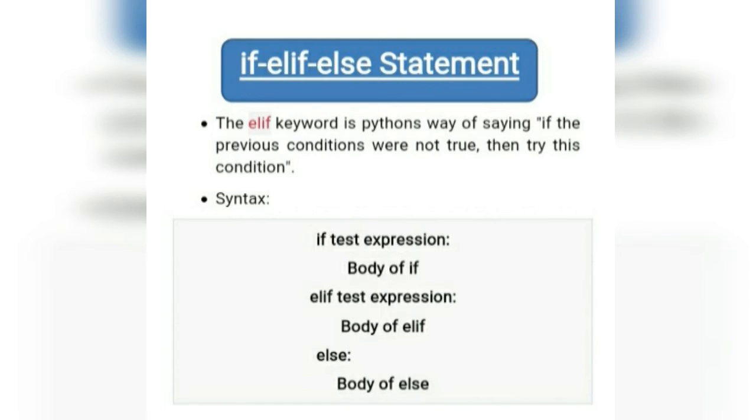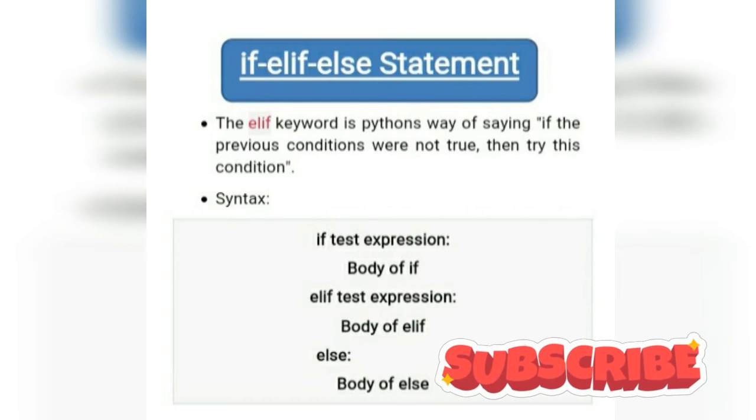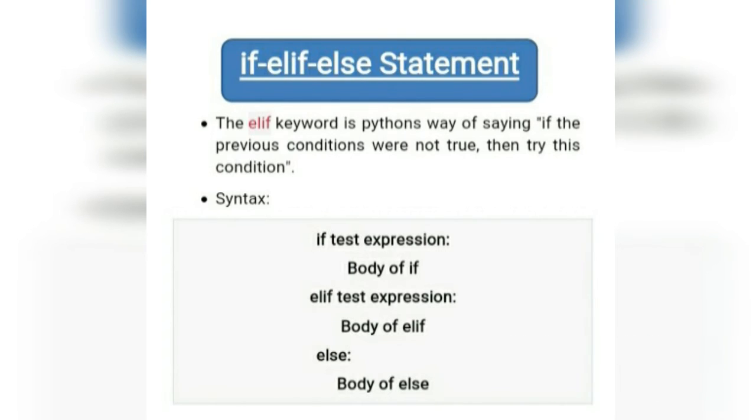Now the next one is the if-elif-else statement. The elif keyword is Python's way of saying, if the previous condition was not true, then try this condition. That means if the first condition is not true, then move towards the next condition. If you see the syntax here, if will test the expression, the condition.